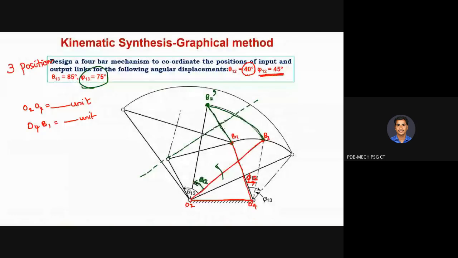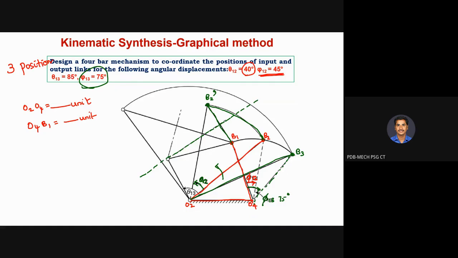So this entire angle is called psi 13, that is 75 degree. So now your B1 will reach here. Let it be B3. So you connect this, and you connect O2 with B3.